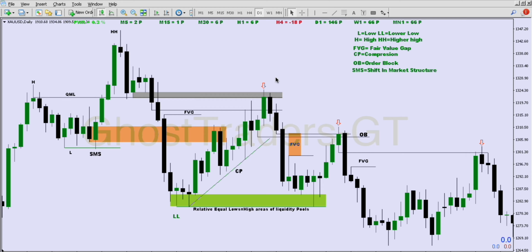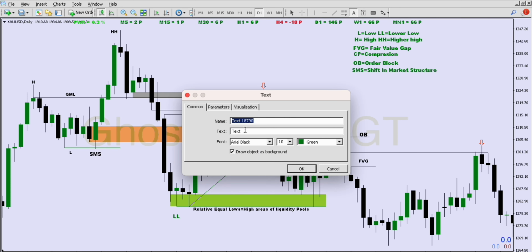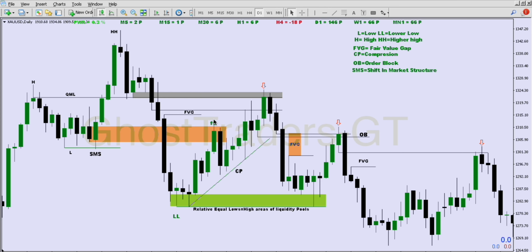So this is a QML structure also. What you find in a QML is what we call an FTR. So an FTR simply stands for failure to retest or failure to return.